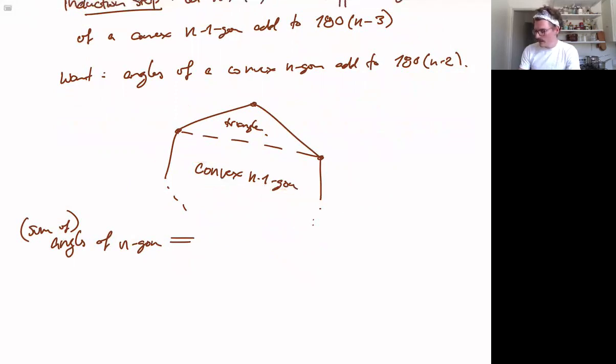Then we have these angles on the n-1 gon and these angles on the triangle. Together, these add up to this full angle of the n-gon. So what we're left with is that the total angles of the n-gon is equal to the angles of the n-1 gon plus the angles of the triangle.